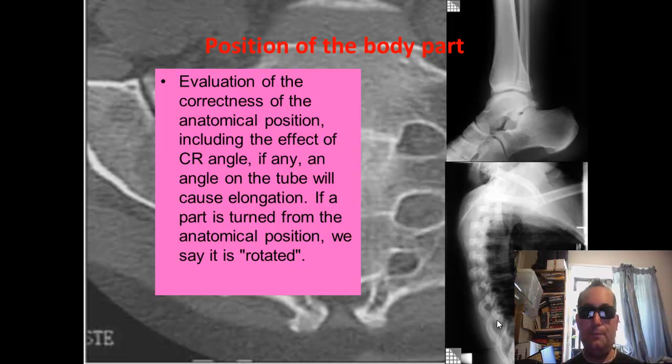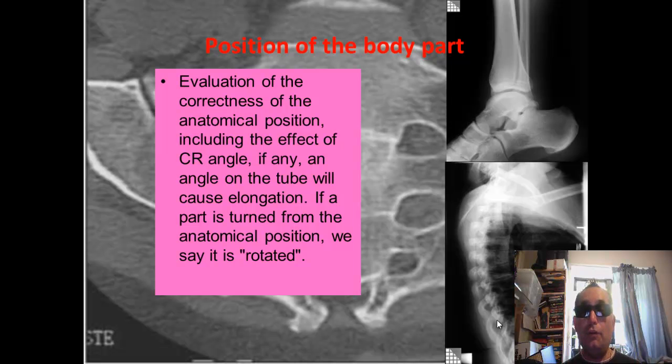So, position of the body part. We've talked about this in our introduction. This is probably the most important aspect of image quality and the film critique process. We are looking for the correctness of the anatomical position, making sure that the central ray angle is correct.